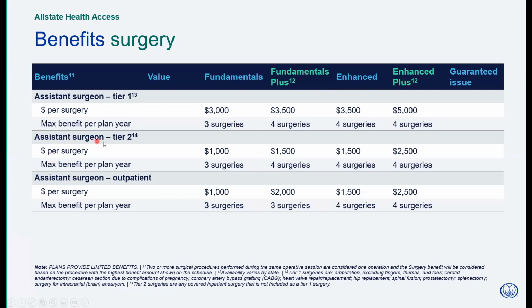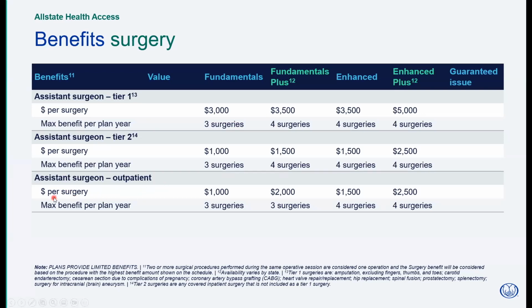The assistant surgeon tier 2, dollars per surgery is $1,000 all the way up to $2,500. Once again, the maximum benefit per plan year is 3 or 4 surgeries, depending on the level that is selected. Outpatient surgeries.